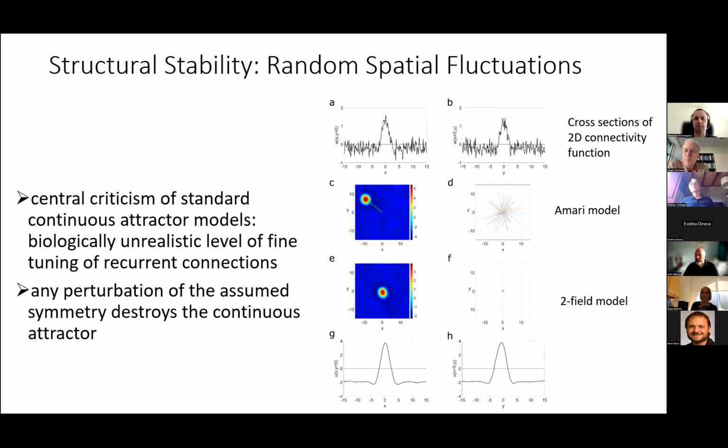For instance, we can use the sigmoid function or the step function and get more or less the same results. That is structurally stable. Here, if we show this kind of random fluctuations or spatial bias, we assume that if you would learn this kernel, no one would assume a perfect symmetry, for instance. I come back to this point. So my point is, our model, which has these nice properties of being a robust neural integrator, which is what we need, also shows the structural stability.